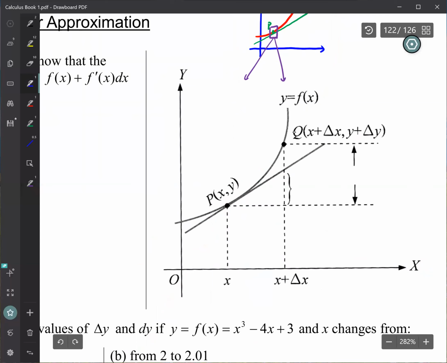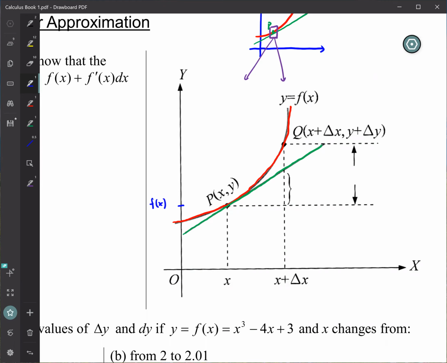So here we have a point P on the function f of x. I'm gonna use the red as well to represent it. And then the green line is the tangent. So the y value for the point P will be f of x, because you plug in the x.